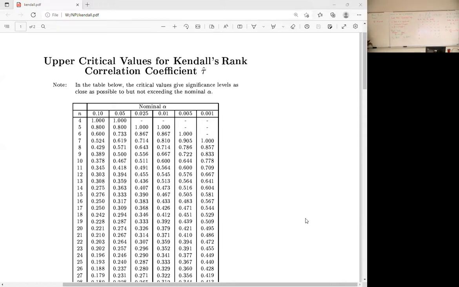So alpha equals 0.05, two-tailed test. 0 would be right in the middle, so you will divide by 2, 0.025 on one side, 0.025 on the other side.